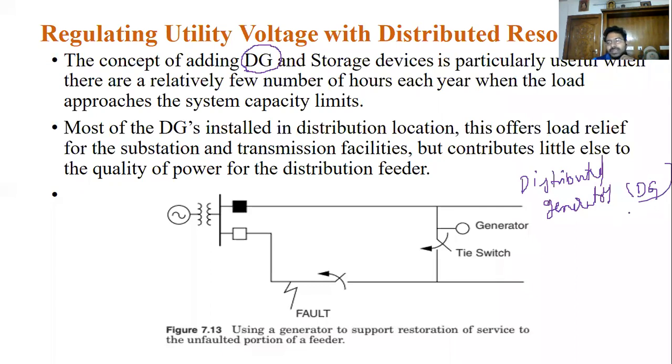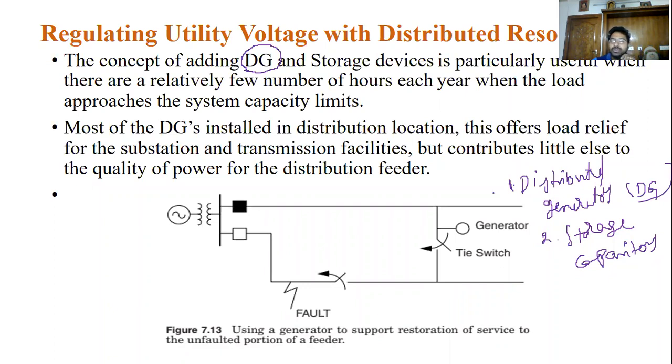At the same time, you can also use distributed generators and, second, some storage capacitors. Capacitors are also used for regulating the voltage. In the last class, we already saw the storage capacitors, the different types of capacitors we are using: shunt capacitors and series capacitors, and some transformers to regulate the voltage levels.